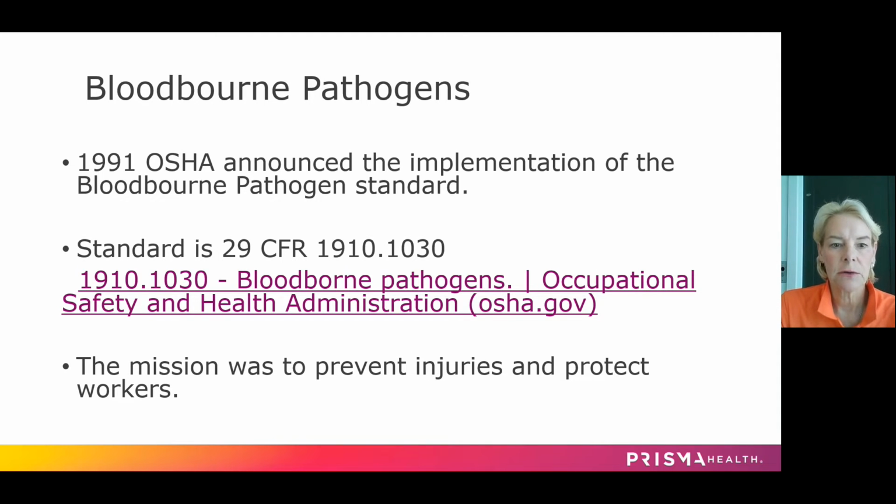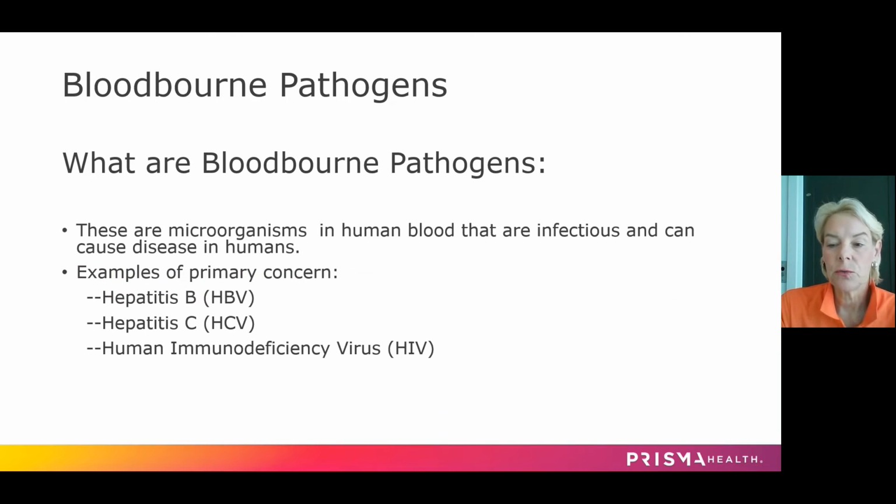And I have the link here that has all the information related to this topic. So this was an important aspect in terms of preventing injuries, as far as preventing exposures in the workplace and also protecting workers. But the standard also obviously goes over what to do in case you do have an exposure.